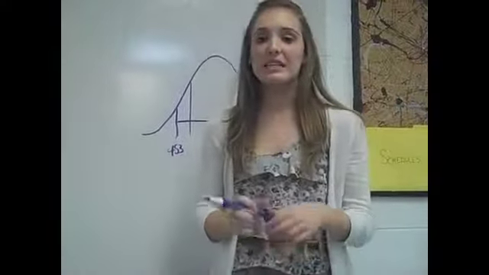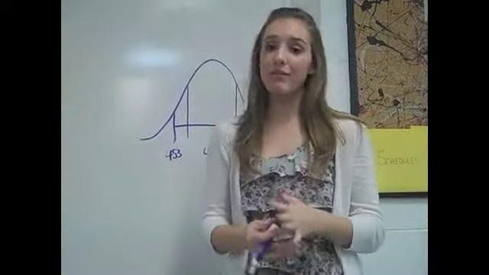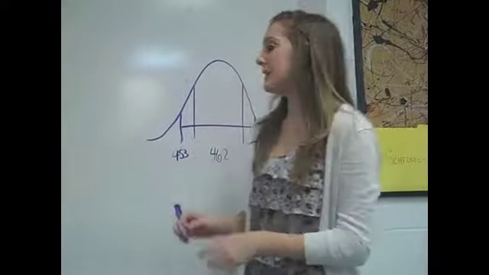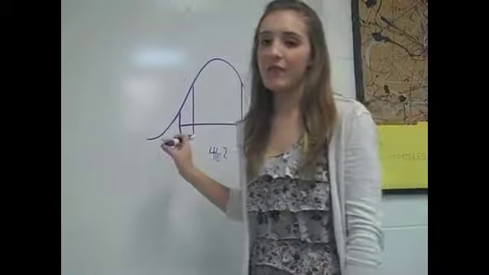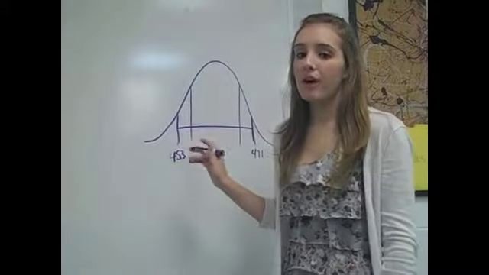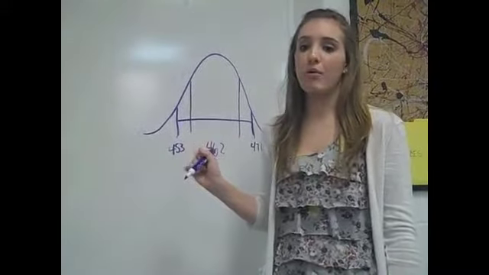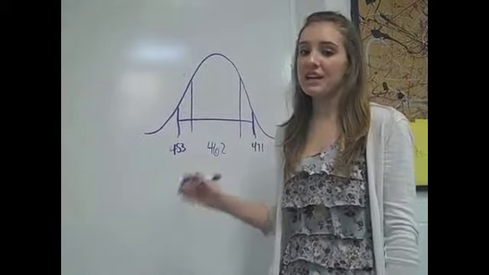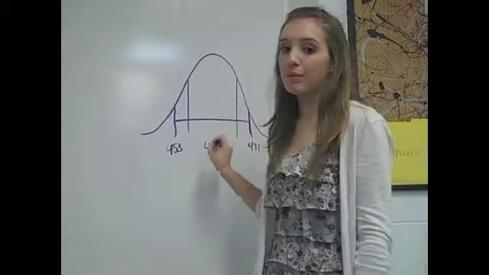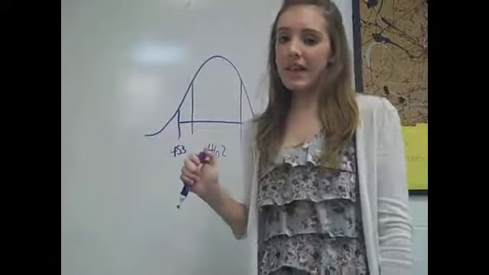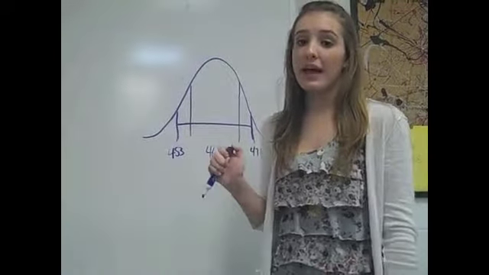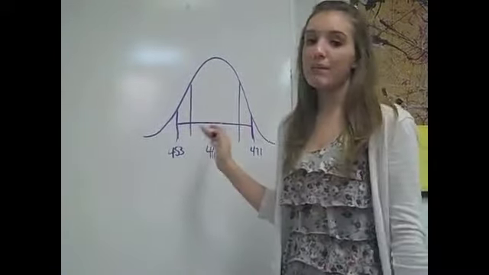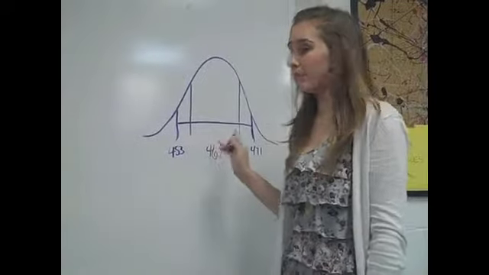Okay, remember the 68, 95, 99.7 rule? This says that in 95% of samples, the sample mean x bar will be within 2 standard deviations of the true mean. In this case, 2 standard deviations is within 9 points of the observed x bar value.